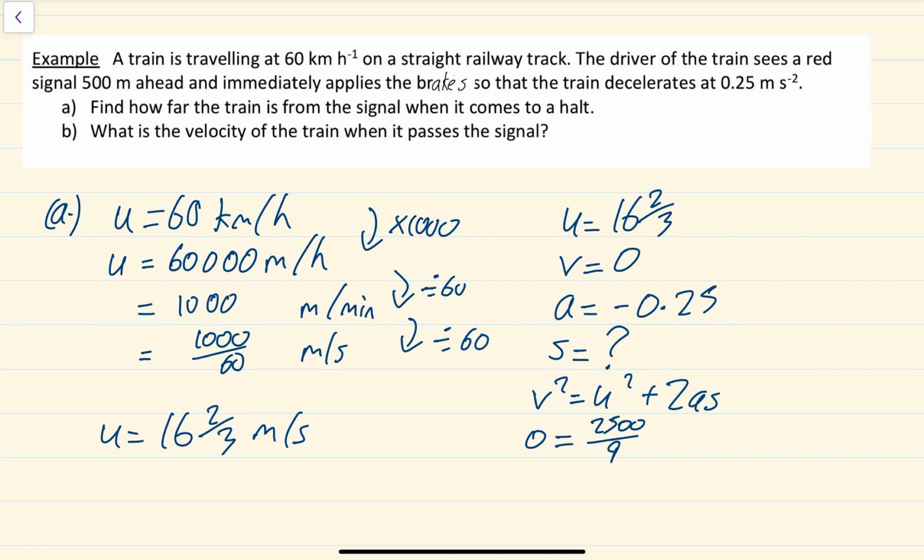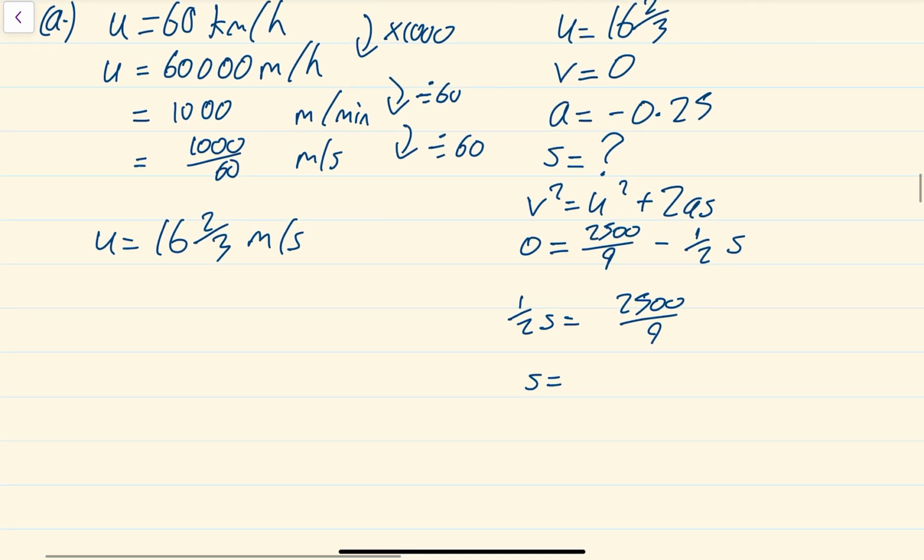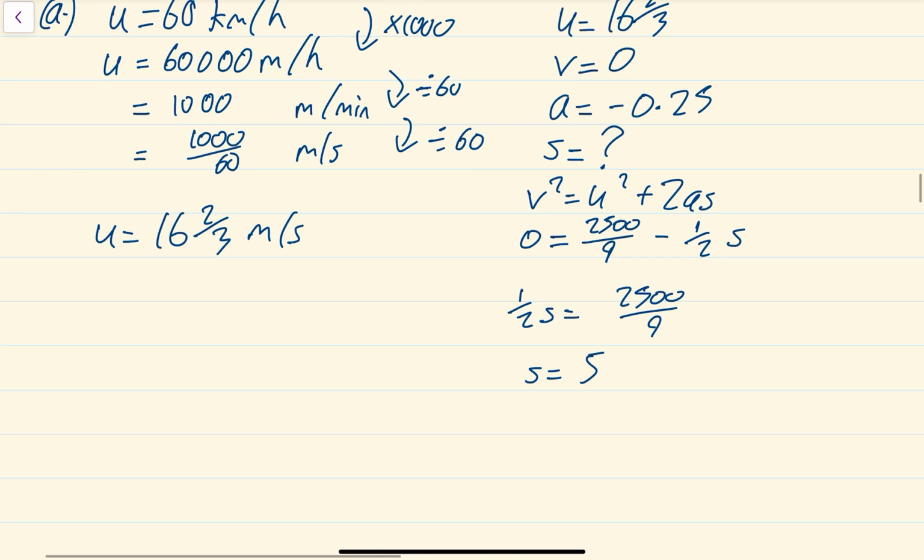Then your 2A works out to be minus a half, and then S. So a half S is equal to 2500 over 9. Again, do this in your calculator, divide across just to make sure you get this right. It works out as a mixed number as 555.59 meters.